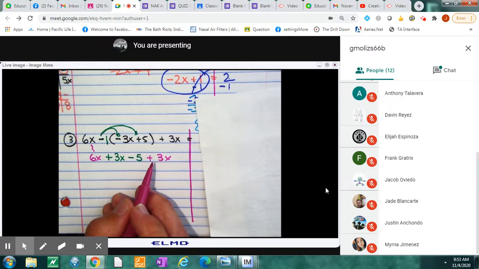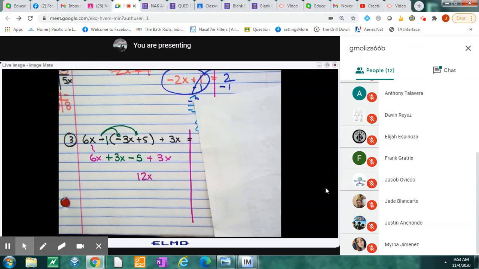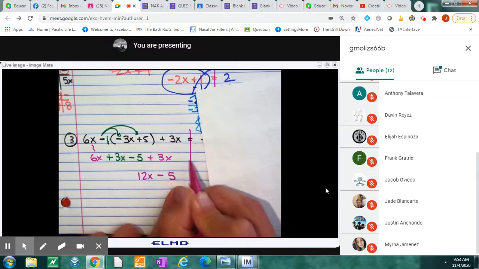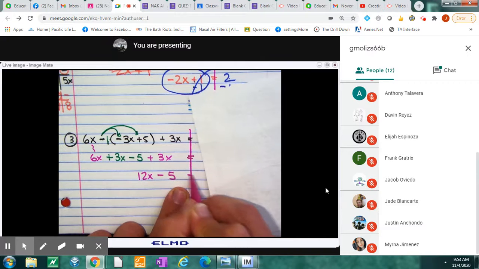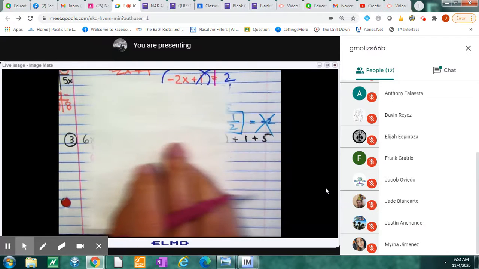So just add them. What's 6x plus 3x? 12x, right? We don't have to do the t-chart because it's all plus, plus, plus. Then what do we do with -5? We bring it down. And then let's put an equal sign right there. Okay? Can we take away? Nope, we can't, right?